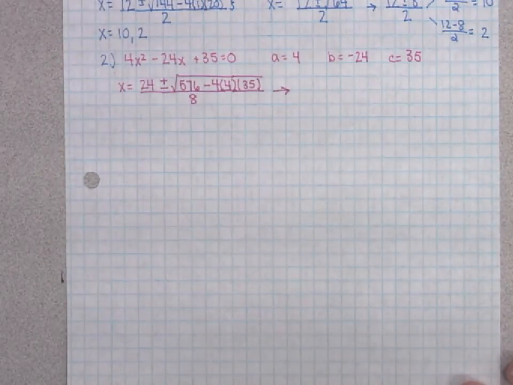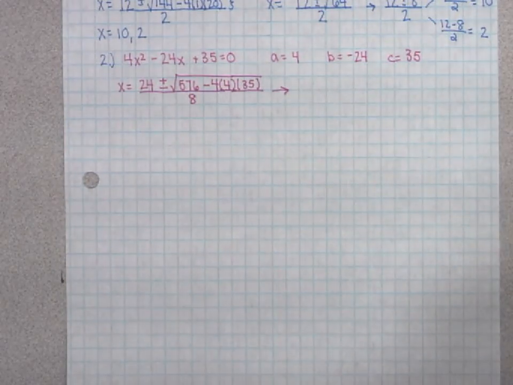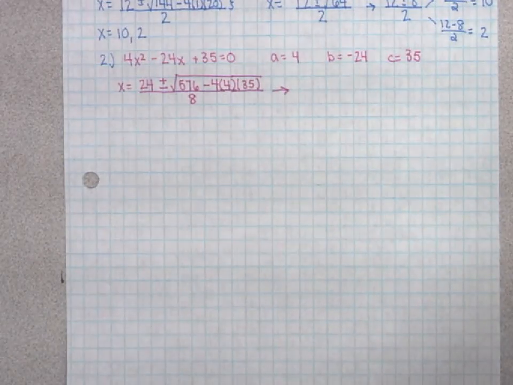So now simplify just underneath the radical. What do you get?